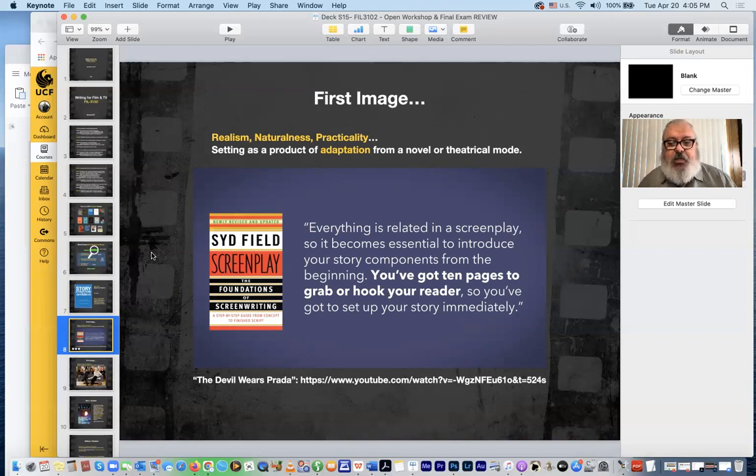Everything is related in a screenplay, so it becomes essential to introduce your story components from the beginning. And you've got about 10 pages to grab or hook your reader. So we're talking about the first 10 minutes of any screenplay being the opportunity to draw your audience in, or do we send them to the kitchen for popcorn or to the restroom, right? Or to another channel, if we're talking about television.